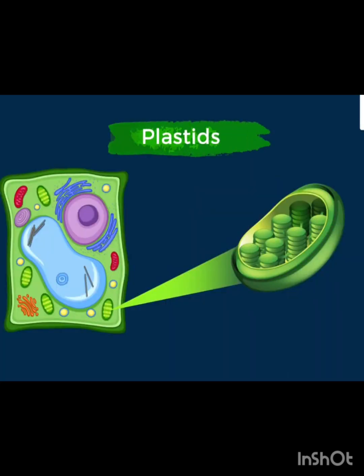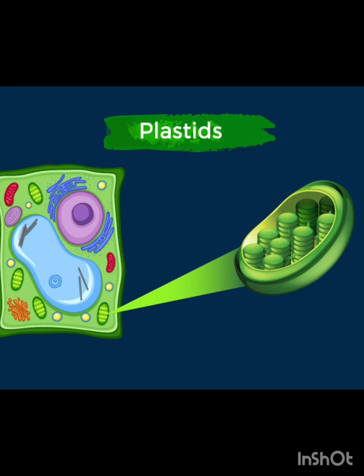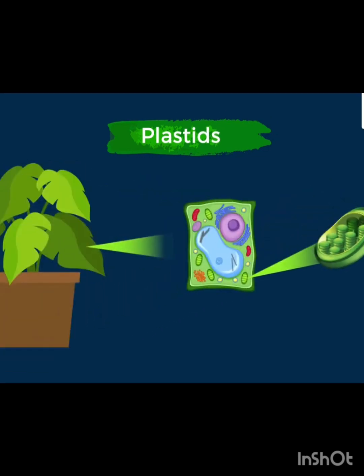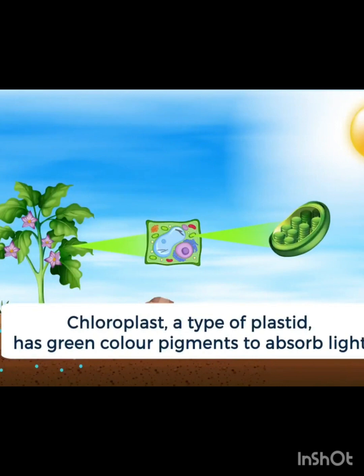Now here you can see plastids, small organelles in the cytoplasm of plant cells only. They contain food or pigment. They are present only in plant cells, not in animal cells. There are three kinds of plastids. First one, chloroplast.